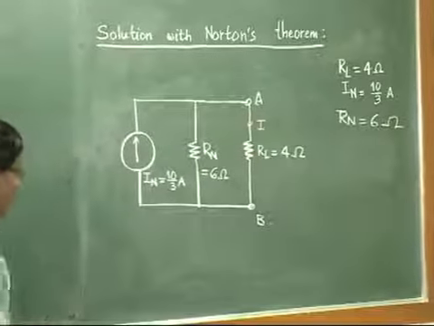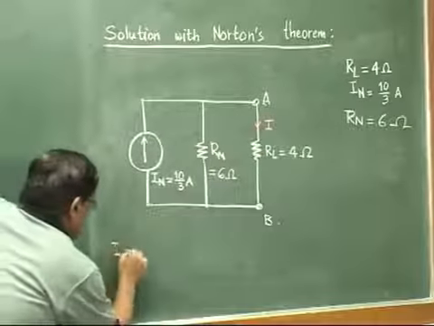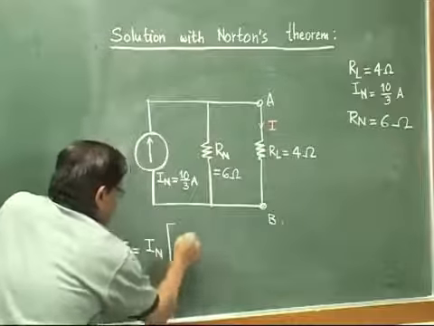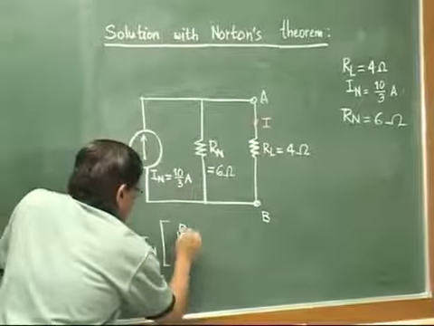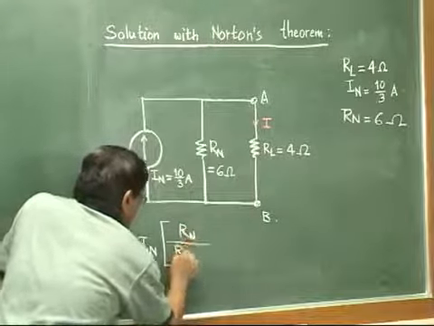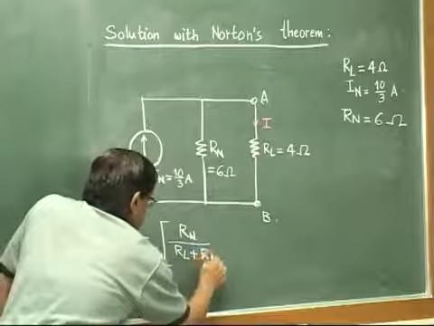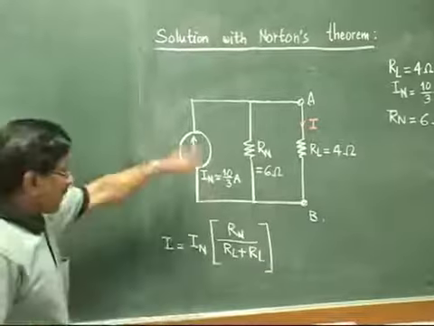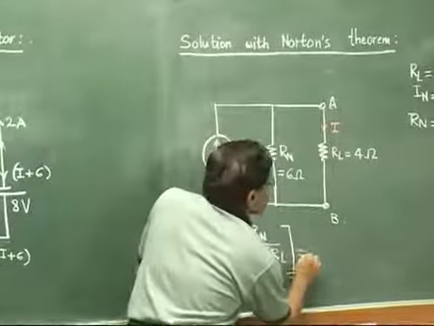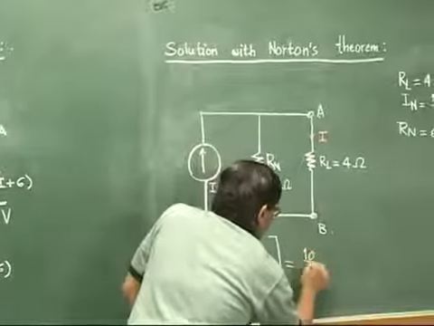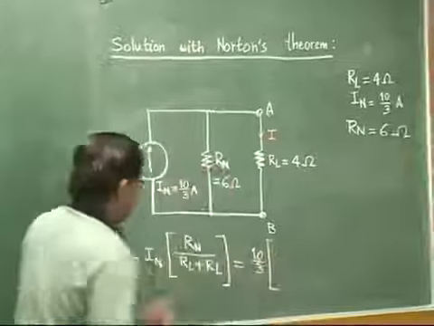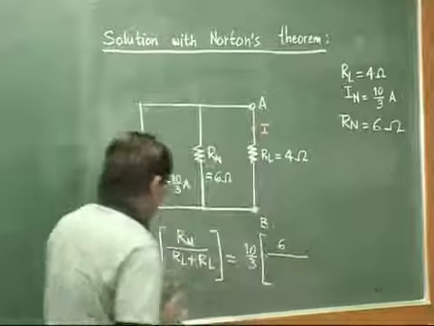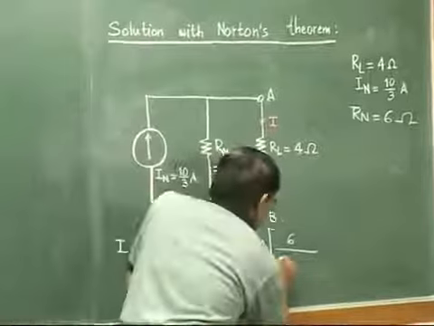And finally, if we assume that the current in the load resistor is some current I flowing from A to B, what is the formula for that? I must be equal to IN, total current, into bracket Rn divided by Rn plus RL. Just substitute the values. IN is 10/3 into bracket, numerator Rn is 6, divided by Rn plus RL, so 6 plus 4.